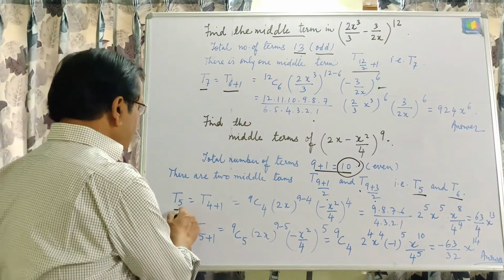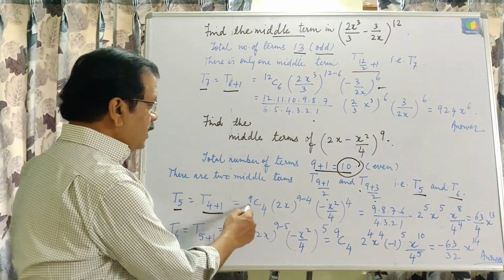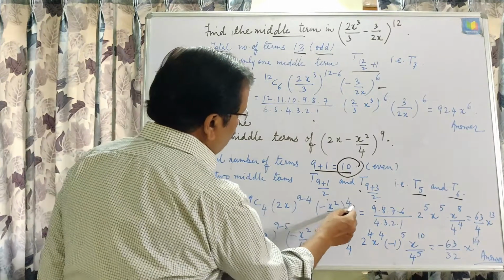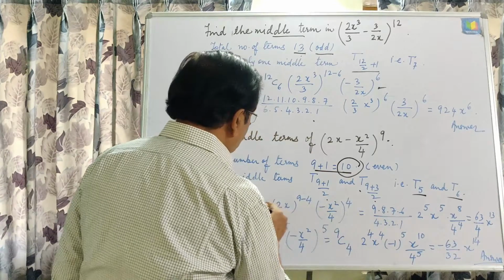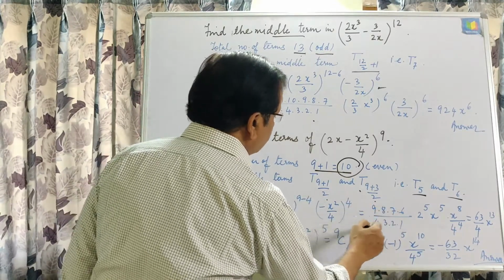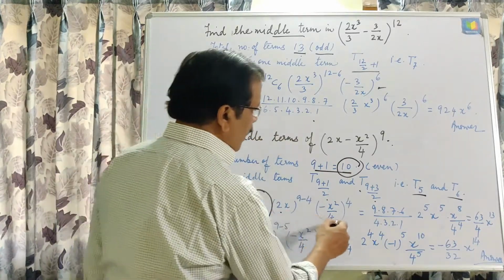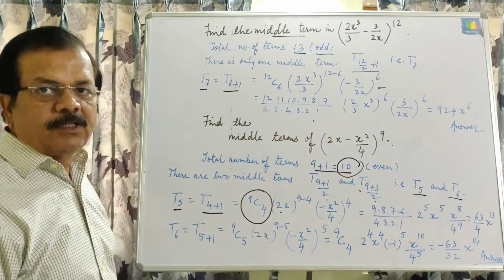And then T5 can be written as T(4+1), that is 9C4 (2x)^(9−4) (−x²/4)^4. And after simplifying, because 9C4 can be written in decreasing order as 9, 8, 7, 6 over 4, 3, 2, 1, we get 63/4 x^13.